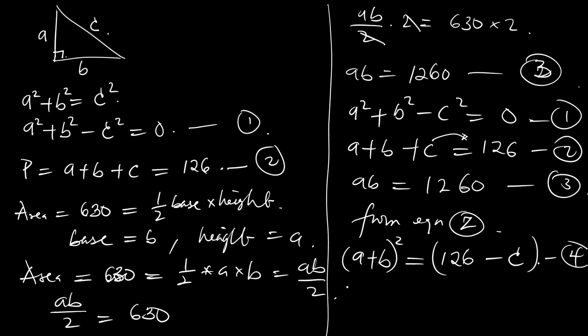You square this, you have A squared plus B squared plus 2AB equal to 126 squared minus 2 times 126C plus C squared.